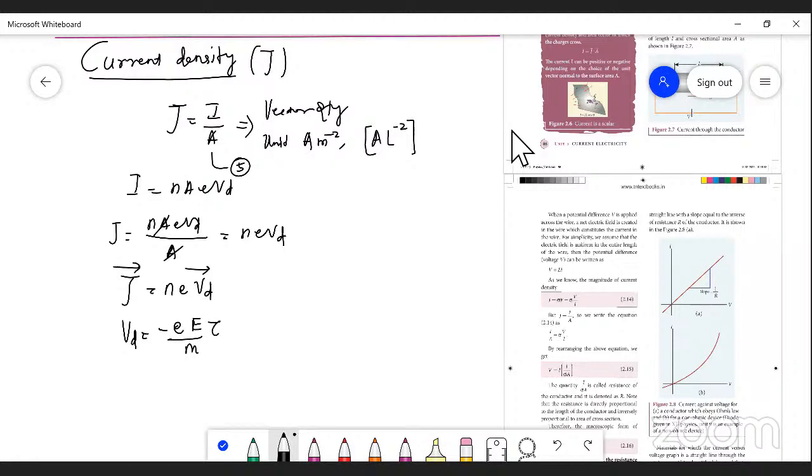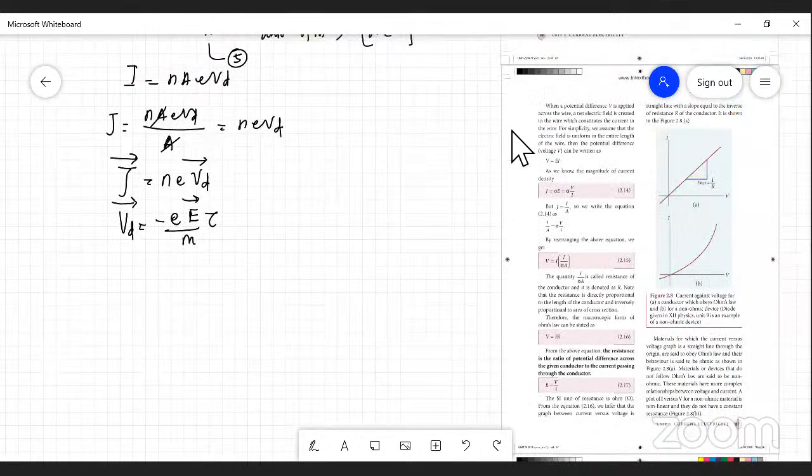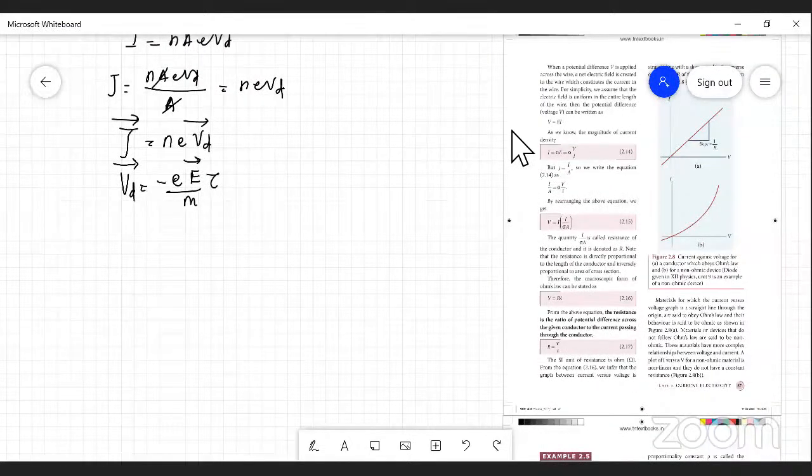Tau is the average relaxation time, E is the electric field applied, small e is the charge of the electron, m is the mass of the electron, and vd is the drift velocity. As vd is a vector quantity, vd vector is equal to minus e E vector divided by m into tau. Now you substitute this drift velocity in this expression.